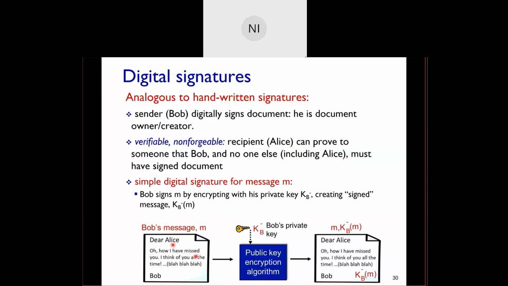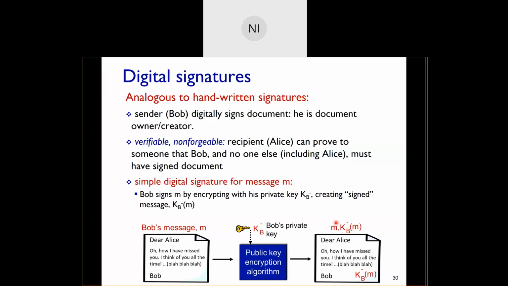He has composed a love letter, which we call message M, and subjects it to the public key crypto algorithm using his own private key. What you send over an insecure channel is the plaintext message M and also the message encrypted using Bob's private key.